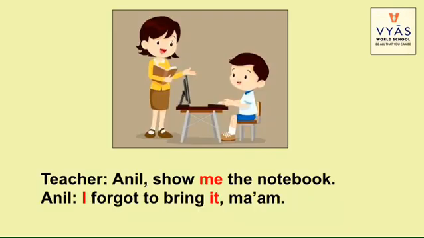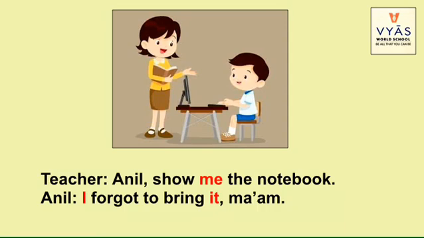Let us look at one more example. Here is a conversation between two people. Teacher: Anil, show me the notebook. Anil: I forgot to bring it, ma'am. Here me stands for teacher, I stands for Anil and it stands for notebook. Teacher, Anil and notebook are nouns because they are the name of a person, place or thing.